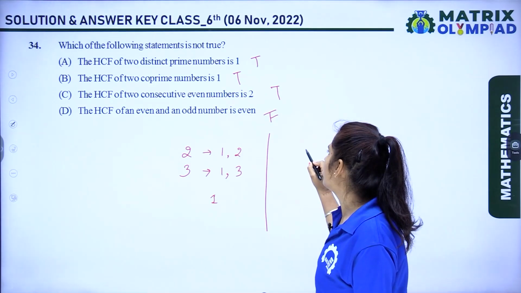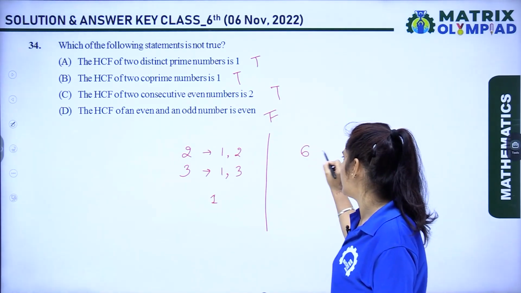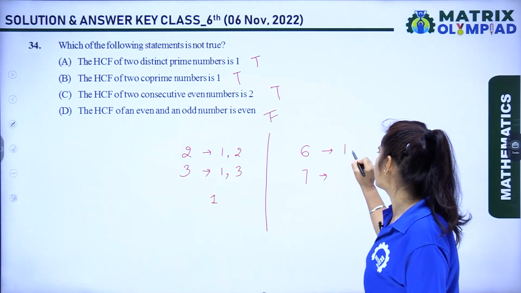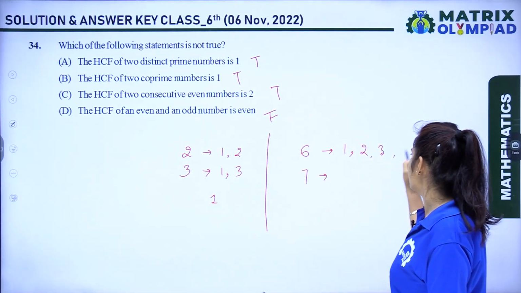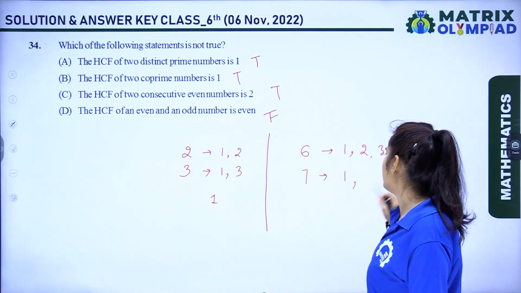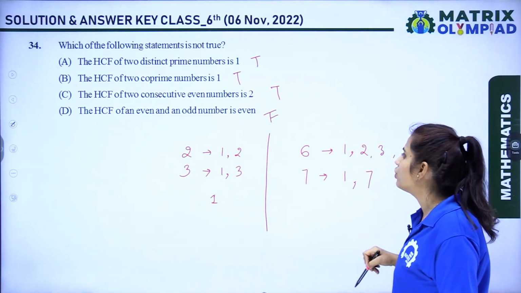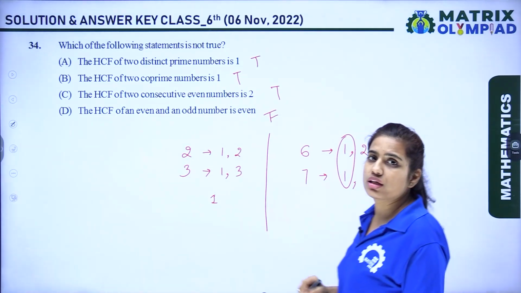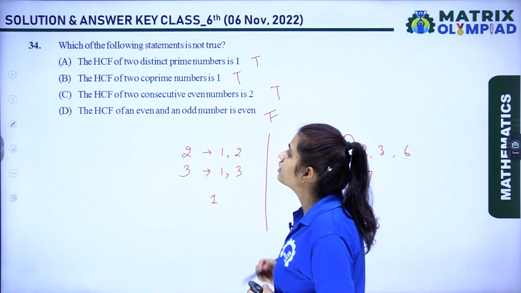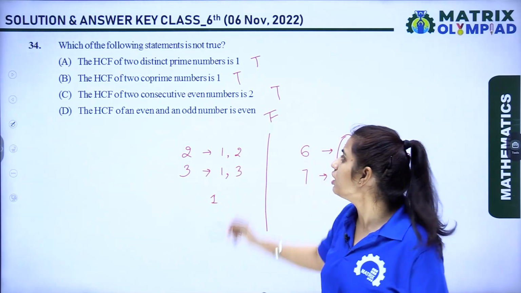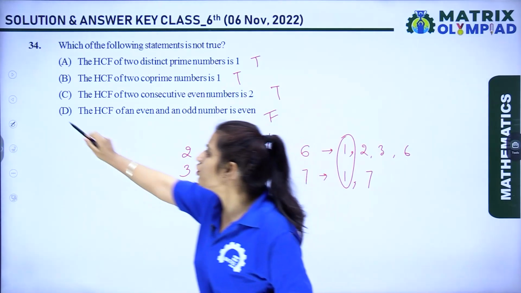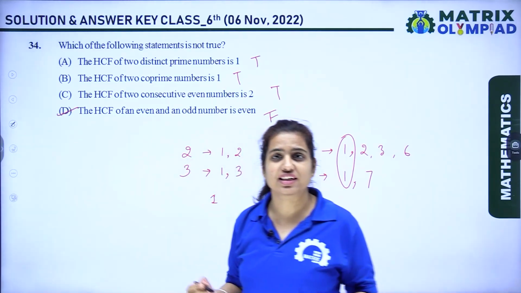Let's take 6, an even number, and the odd number is 7. So the factors of 6 are 1, 2, 3 and 6, and the factors of 7 are 1 and 7. So here the HCF of 6 and 7 is again 1. So here the HCF of an even and an odd number is not even. So this statement is false. So according to the question, we can say that option D is the correct answer.